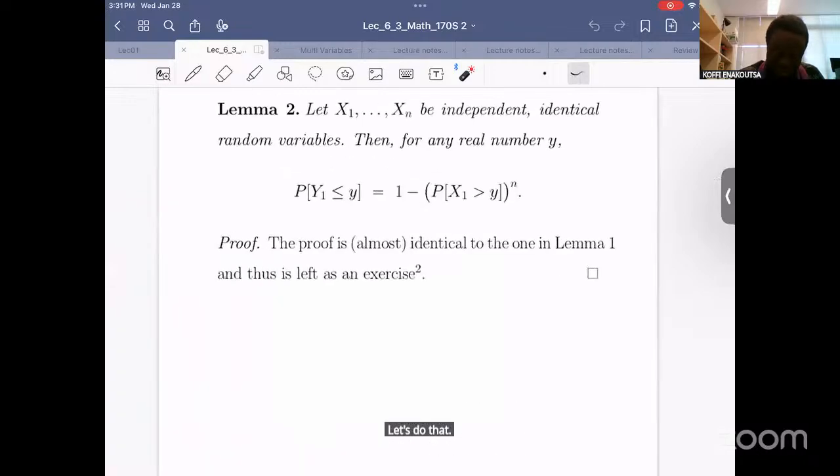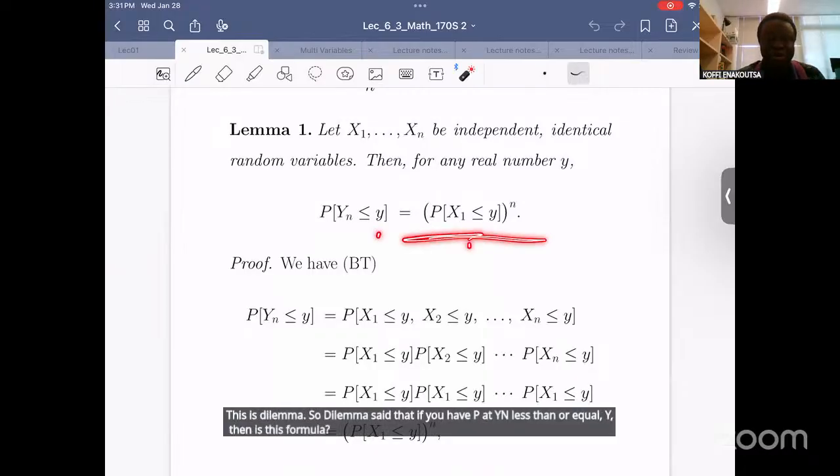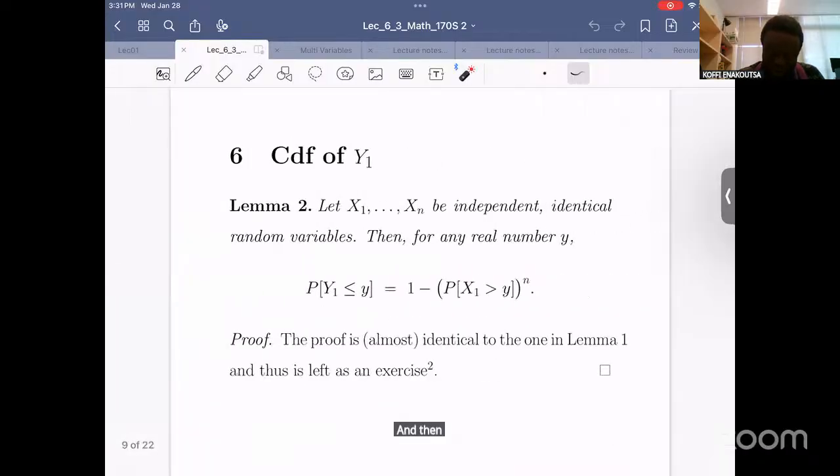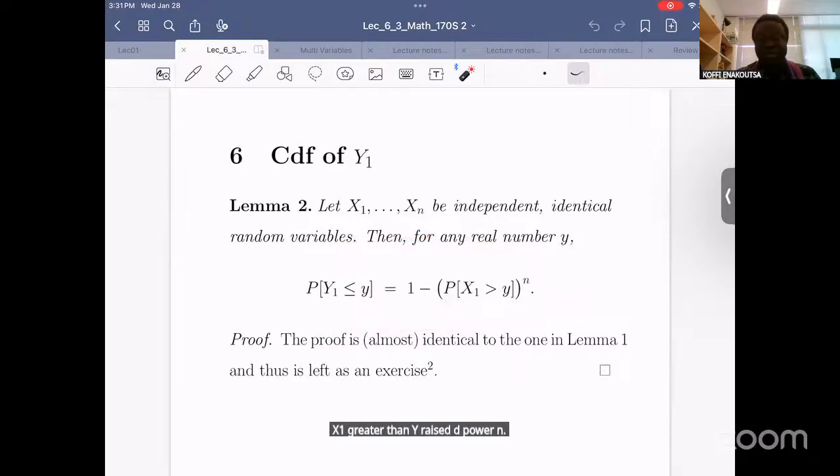Yeah, this is the lemma. So the lemma said that if you have P(Yn less than or equal to y), then it's this formula. And the second lemma said if you have this, then it's 1 minus P(X1 greater than y) raised to the power n. You just need to find that out.